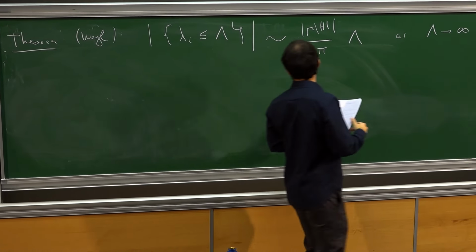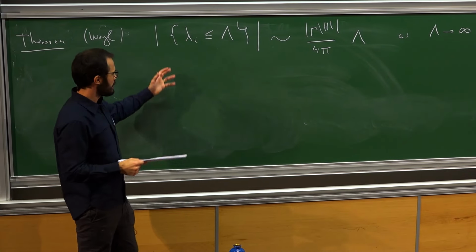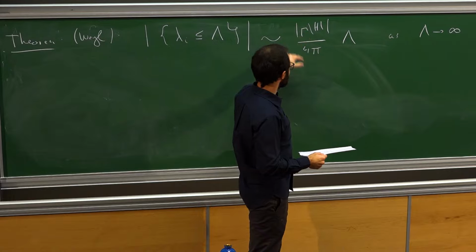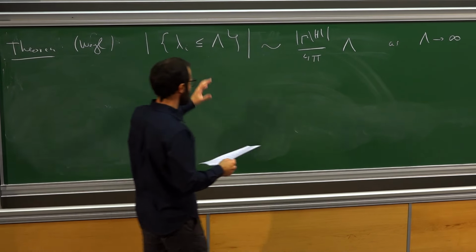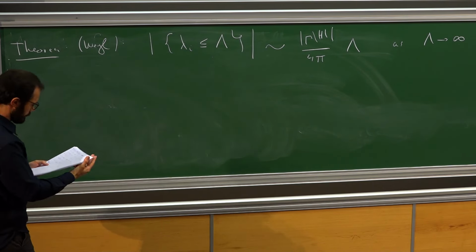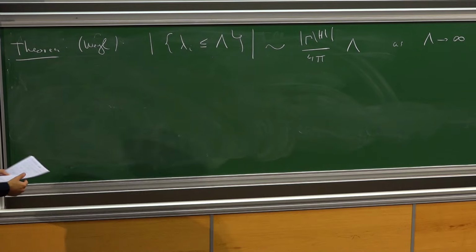So basically, at large lambda, the eigenvalues are linearly spaced in the lambda space, and the spacing is controlled by the area. So it's inversely proportional to the area of the surface. Now this is true actually even beyond the hyperbolic setting.